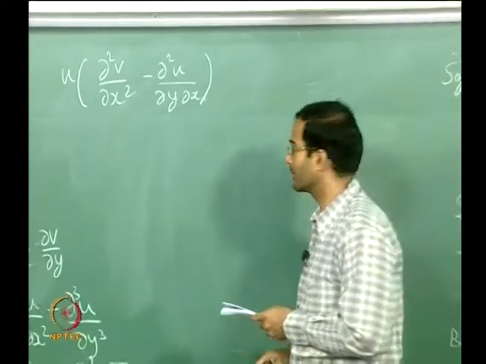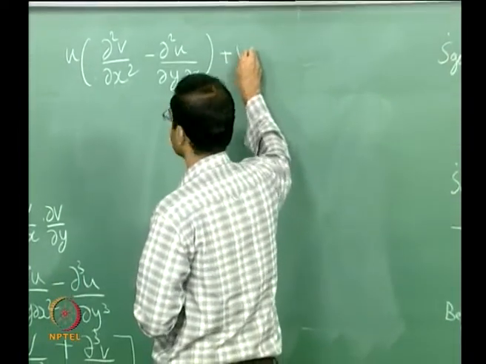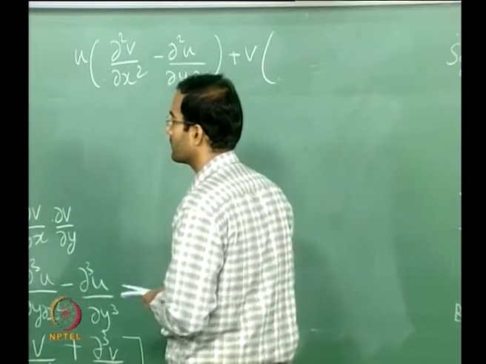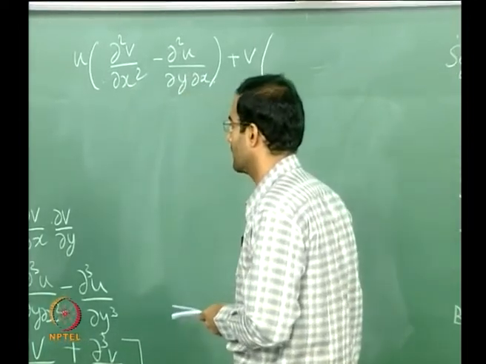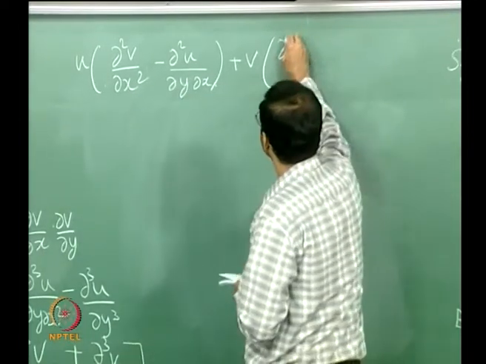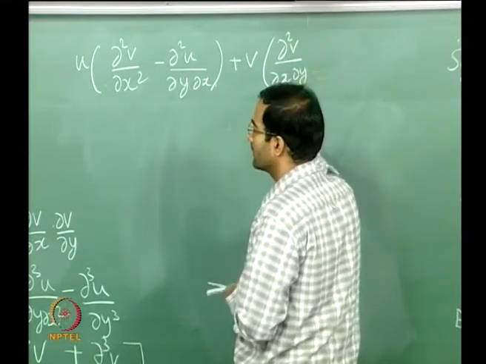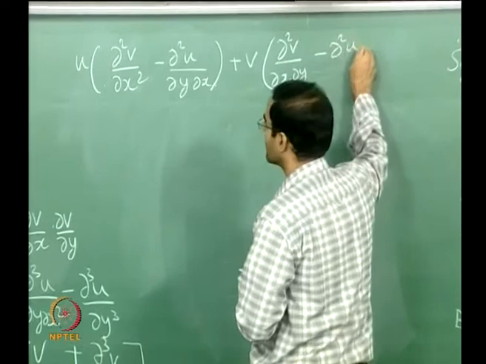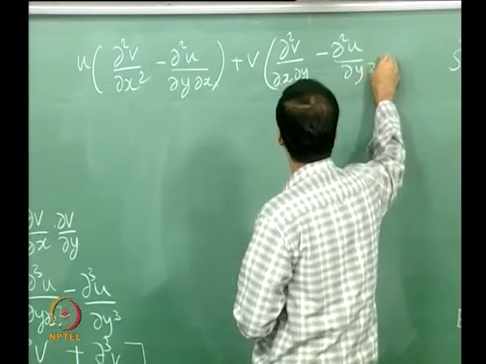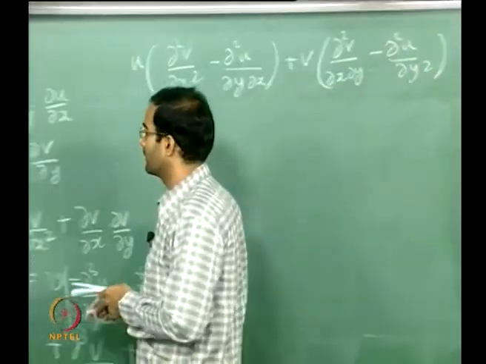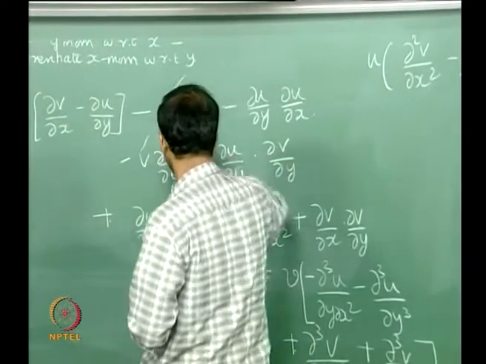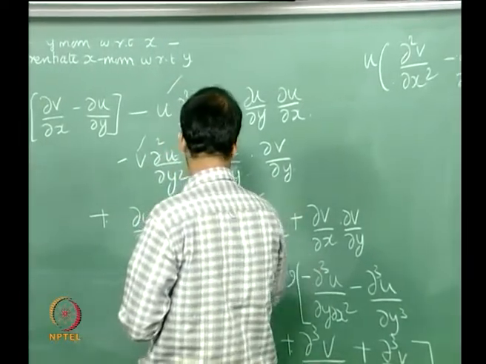Okay, so again plus v, now you have to tell me which terms I can group. Dou square v by dou x dou y minus, alright. So we have somehow 1, 2, 3, 4.